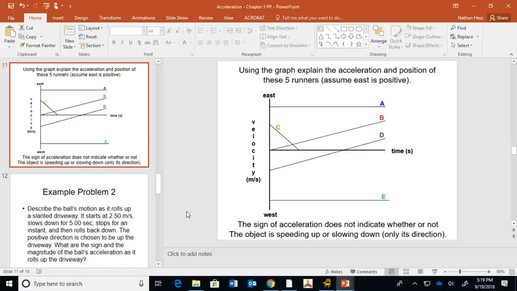Notice it is a velocity time graph. Instead of giving you positive and negative direction, they give you east and west. They're calling east positive and west negative. So again, I want you to pause the video now and describe the motion of each of these letters, A, B, C, D, E.